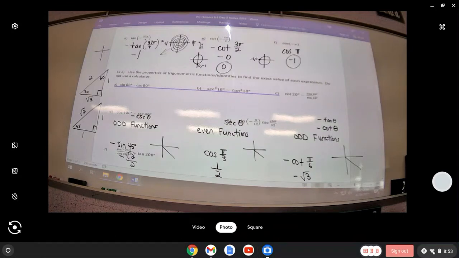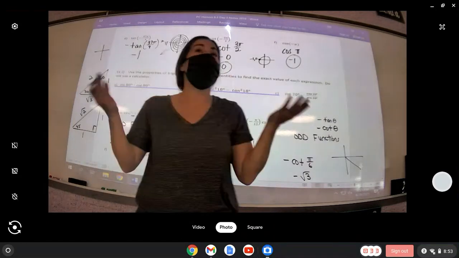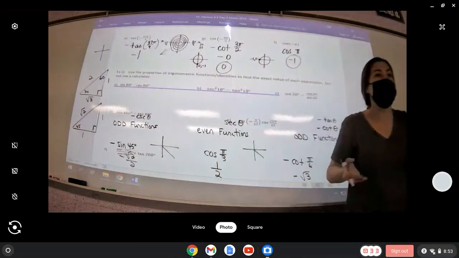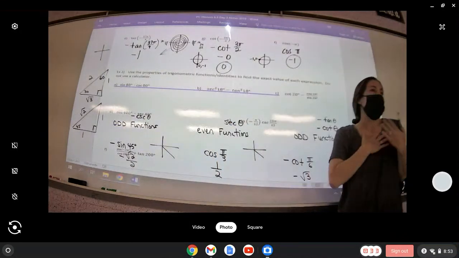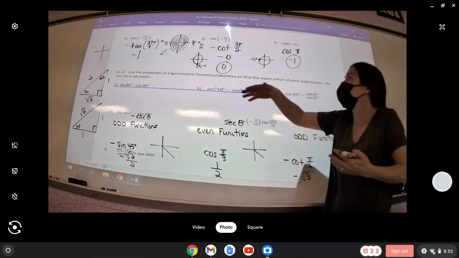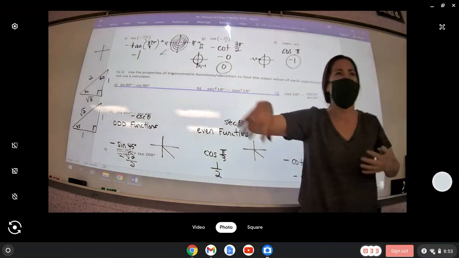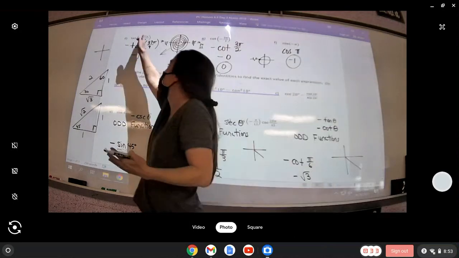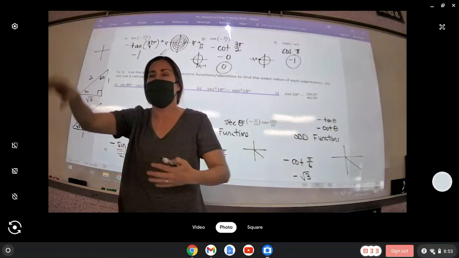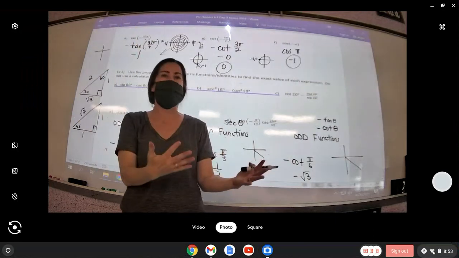How do we feel? Everybody okay? Again, if you ask me, when we're doing problems like this, I don't use the identities. To do them this way is not my go-to method. I would literally just go to where negative 3 pi over 2 landed and take the cotangent. I would figure out where negative 37 pi over 4 landed, get my reference angle, and get my ratio.